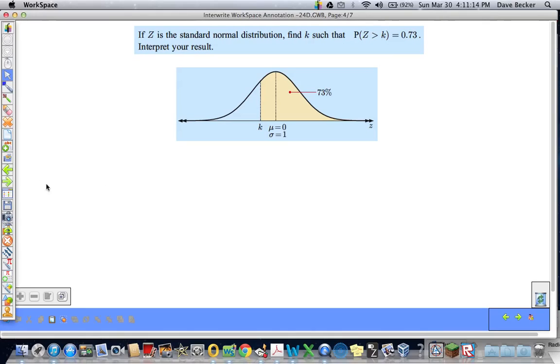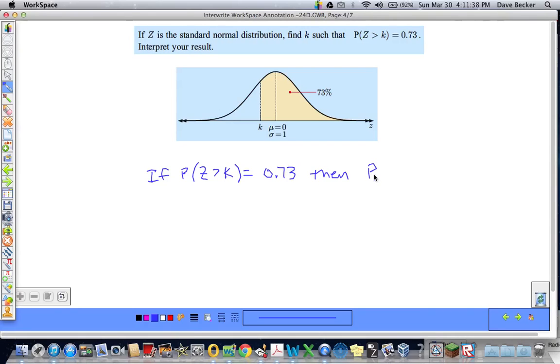So what you also have to think when you're going to use your calculator here is that if the probability that the standard normal variable z is greater than k is equal to 0.73, then the probability that the standard normal variable z is less than or equal to k would be 1 minus 0.73, or 0.27.